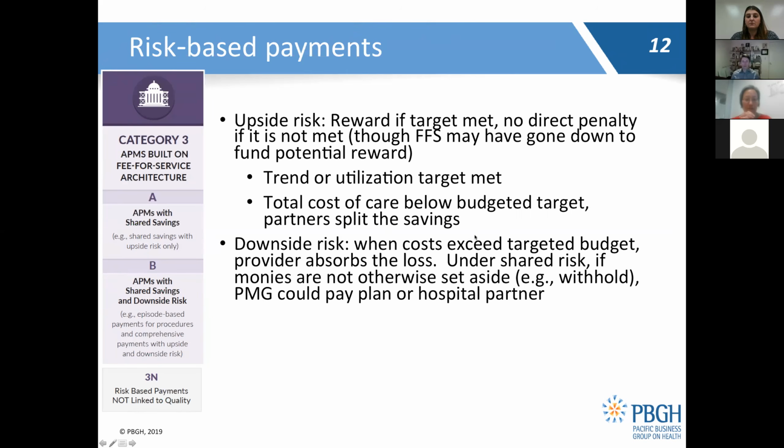In some cases, because there is a withhold that allows for some budgeting of the monies, it results in just a lower distribution of those dollars, as opposed to a payback that has to occur at a specific period in time. In some cases, a medical group could be paying a plan or a hospital partner. In other cases, if the hospital partner is also at risk, they may share in that downside.